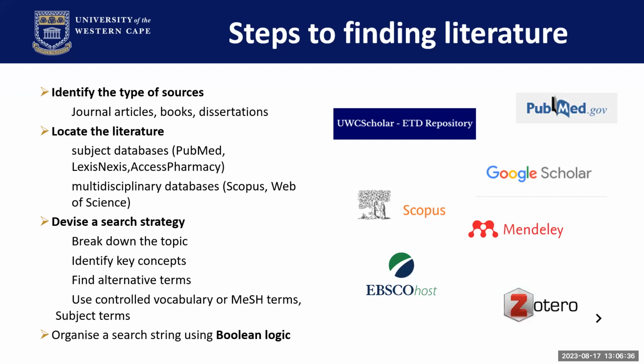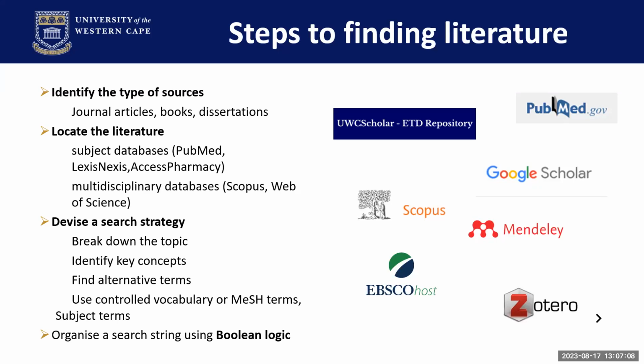We'll first begin by doing a topic example where we will be breaking down the topic into key concepts, and then we find alternative key terms to use for searching. And we'll also find some databases such as PubMed also offer what we know as MeSH terms. This will be familiar to mainly health sciences students who use MeSH terms for their medical concepts and medical terms.